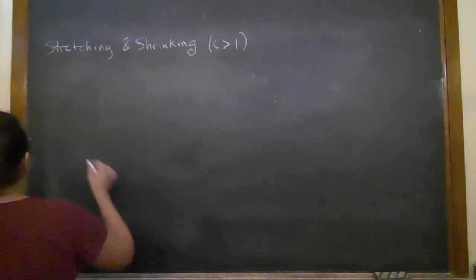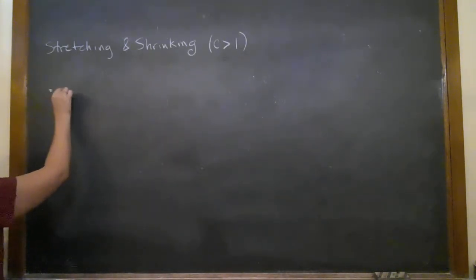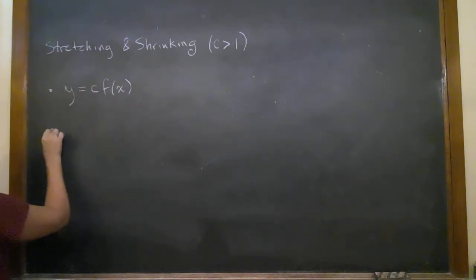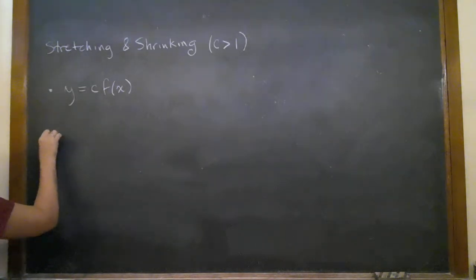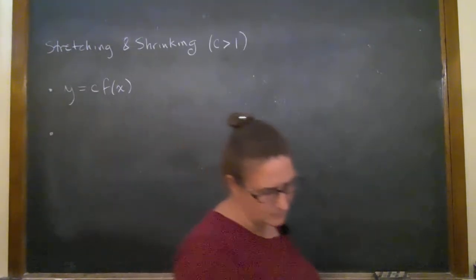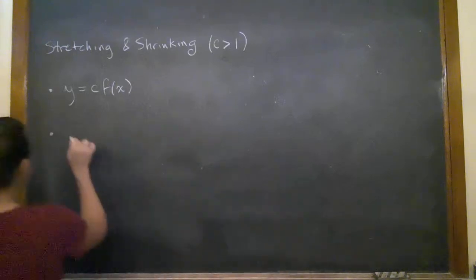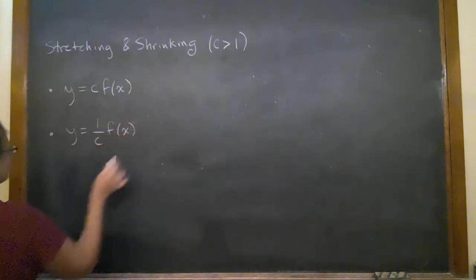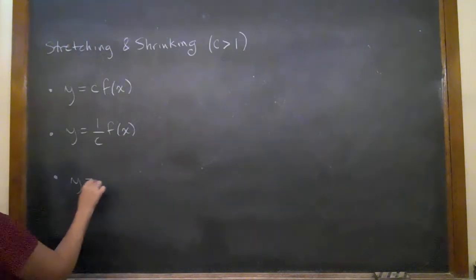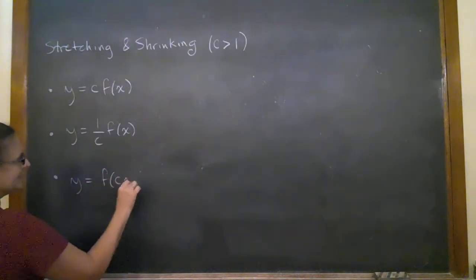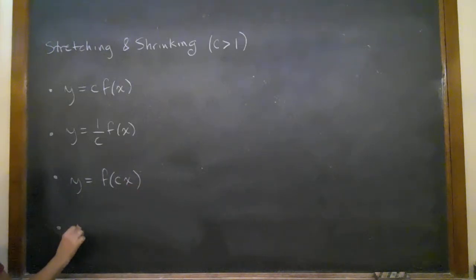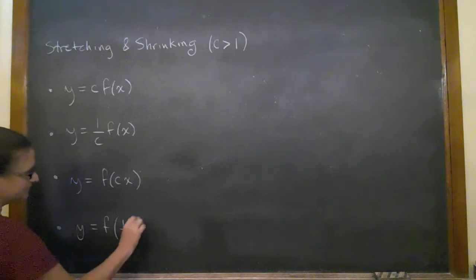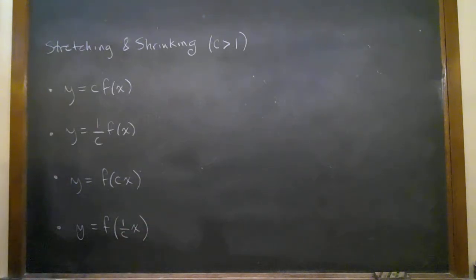So what do we have? c f of x: we can multiply by c on the outside, we can divide by c on the outside, we can multiply by c on the inside, and we can divide by c on the inside. So divide by c, I'm going to write 1 over c.